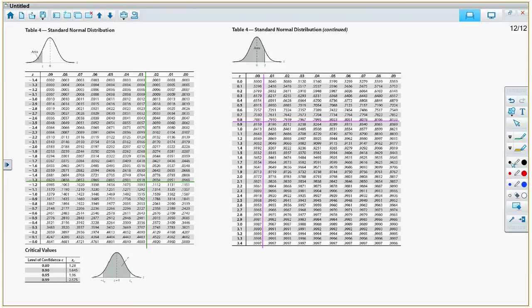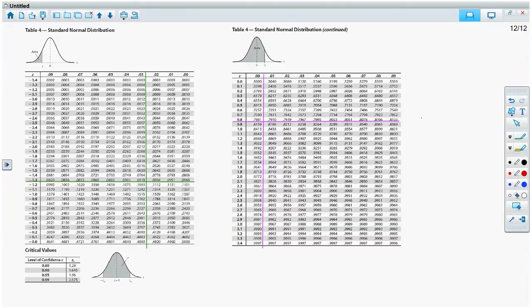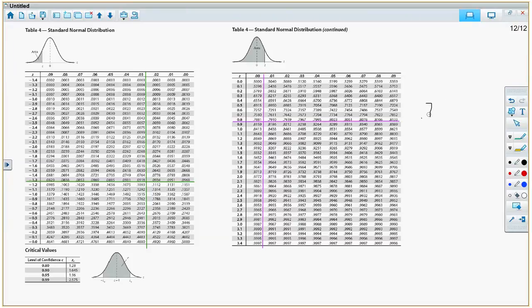I'm going to just use it right here. The first one was 0.7881 minus the small area, which is 0.0918. Now use your calculator. 0.3879.